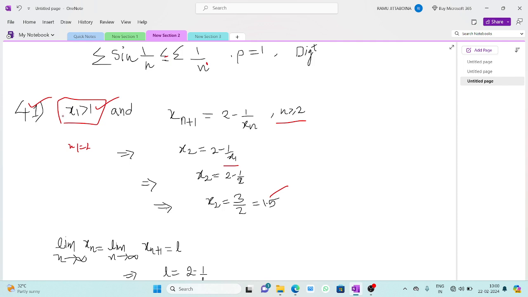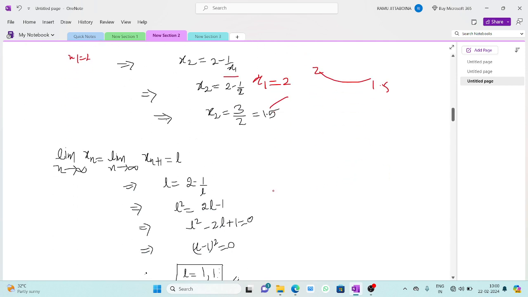We can see that here we consider x1 as 2 and x2 goes to 1.5, meaning the sequence is clearly decreasing from 2 to 1.5. The sequence is clearly decreasing. If you go through the nth term, suppose the limit as n tends to infinity of xn is some limit L. Then x(n+1) also has the same limit, so we can consider both limits as the same.